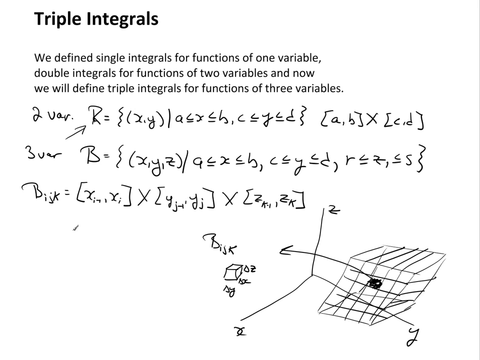So the volume of each sub-box can be represented as delta x, delta y, delta z.